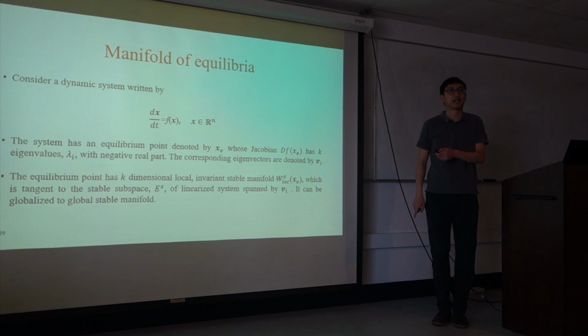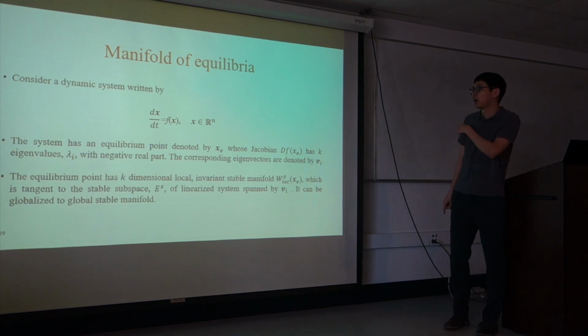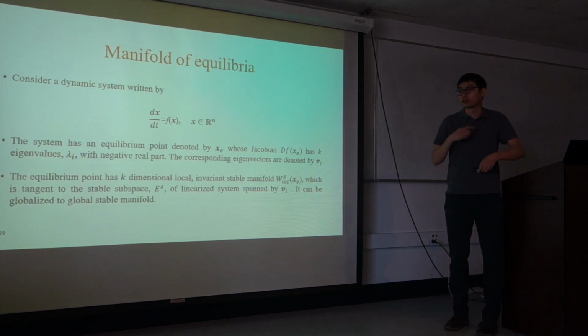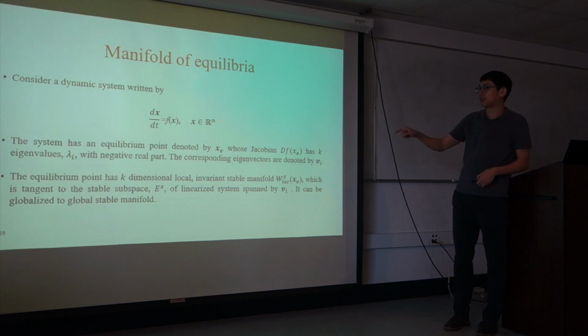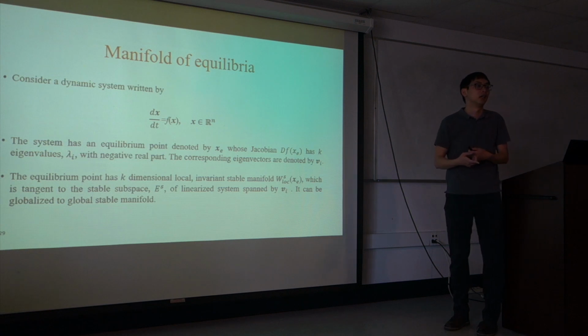For this system, the equilibrium point has a k-dimensional local invariant stable manifold, which is tangent to the stable subspace Es of the linearized system. And we can globalize the linearized invariant manifold to obtain the global invariant manifold.